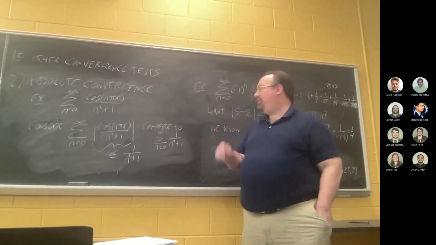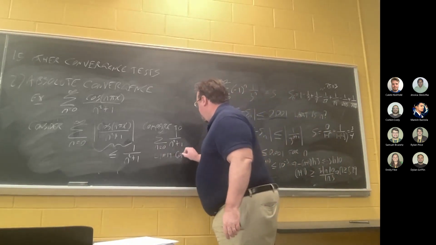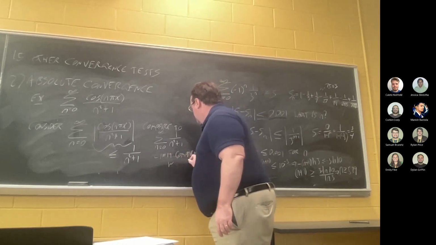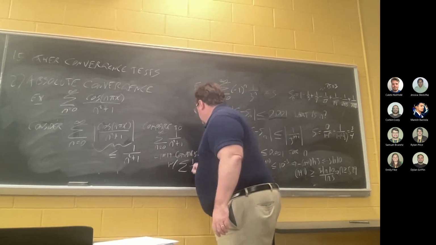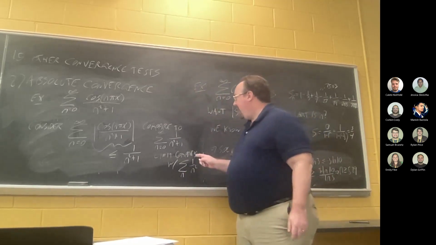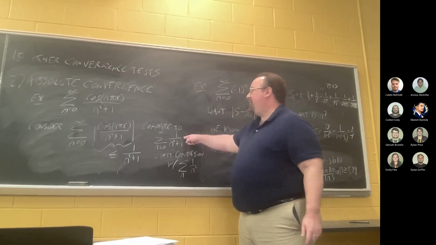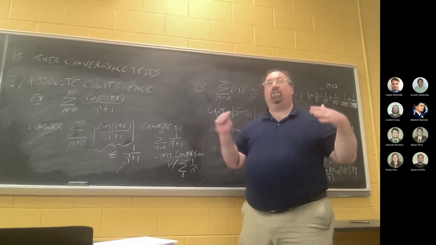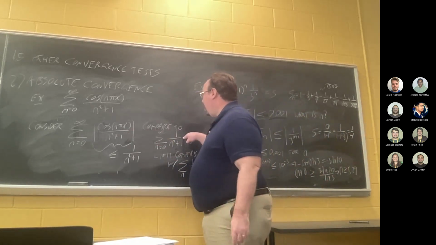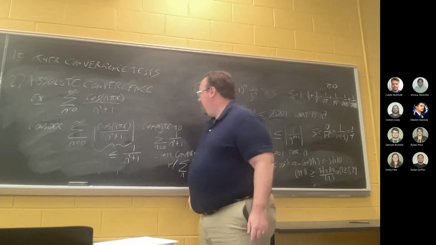Limit comparison with what series? Yeah, the simpler series, 1 over n squared. So by limit comparison with this series, this one converges, and therefore by the regular comparison test between this series and this one, because this series converges and this one has terms that are smaller, this converges.